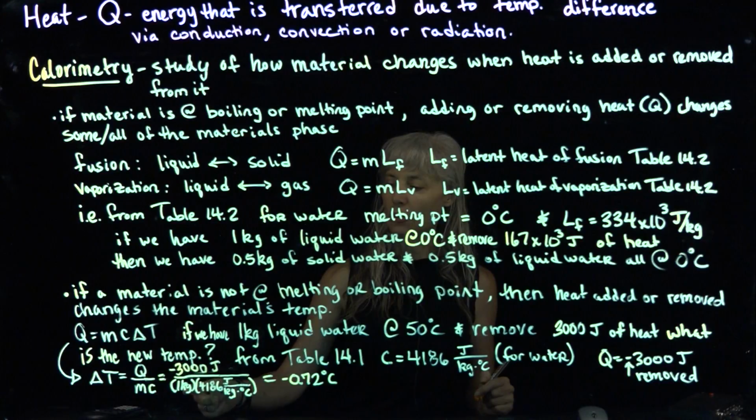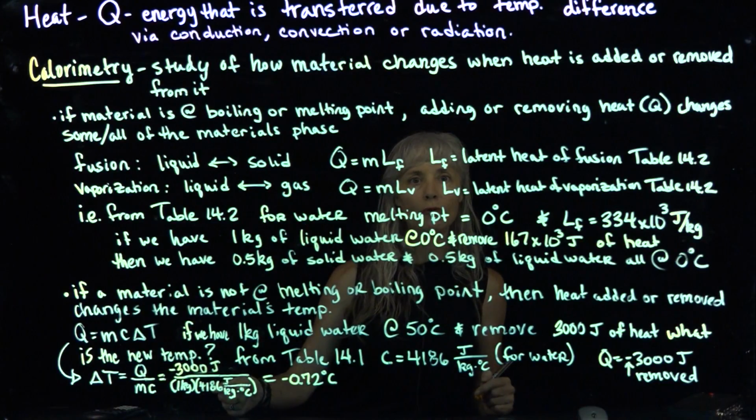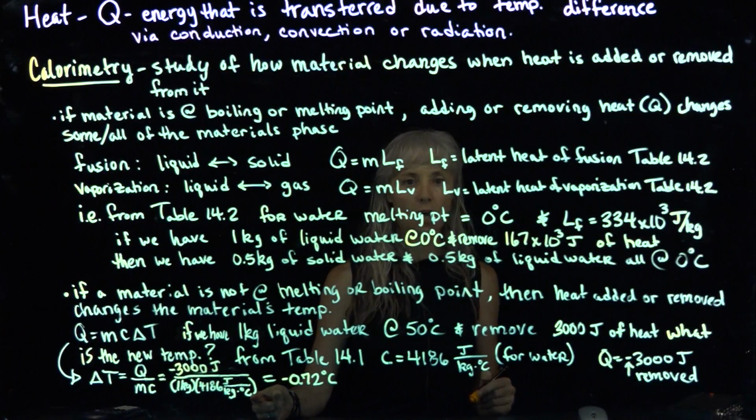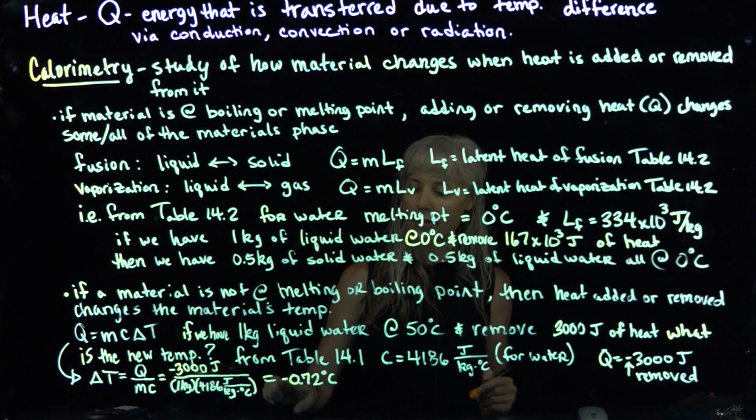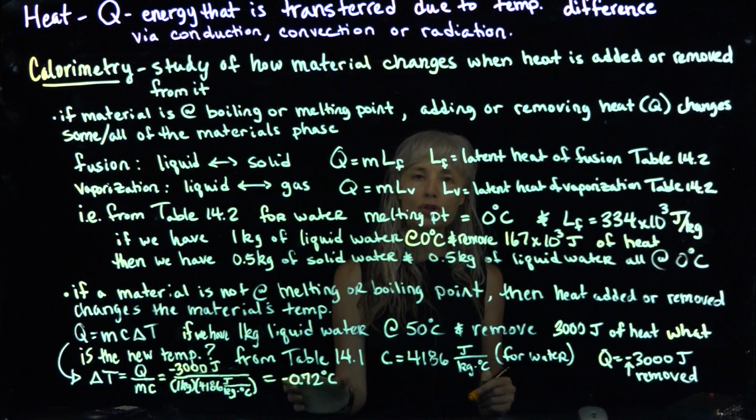The mass is 1 kilogram, and the specific heat looked up in table 14.1 from your OpenStax textbook is 4,186 joules per kilogram per degrees C. So notice that the joules will cancel and the kilograms will cancel, and the degrees C that's in the denominator of the denominator will flip up into the numerator. And when we plug these values into the calculator, we'll get minus 0.72 degrees C. So the temperature of the 1 kilogram of water at 50 degrees C, when 3,000 joules of heat energy is pulled out of that water, will be reduced by 0.72 degrees C.